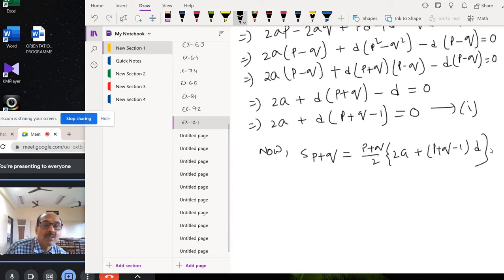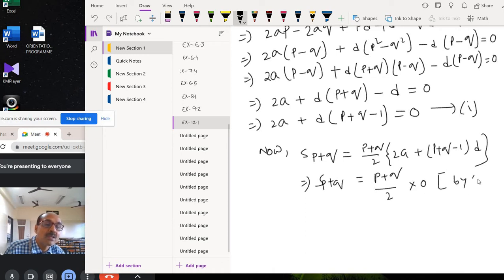Okay. Now this you can write equal to p plus q by 2 into 0, equals to 0.